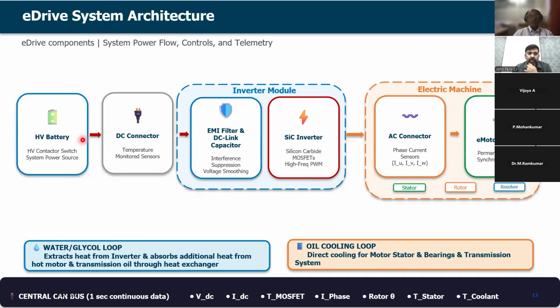At each of these blocks you have a lot of data sources and sensors. I also missed mentioning the cooling loop. You also have water cooled as well as oil cooled functions in each setup. So this entire electromechanical system has a strong level of data that is captured from every block you see here.